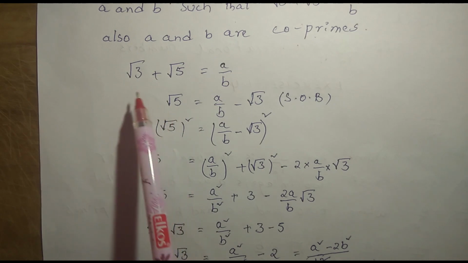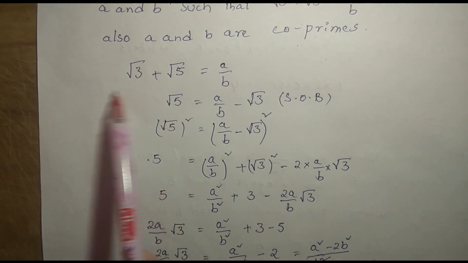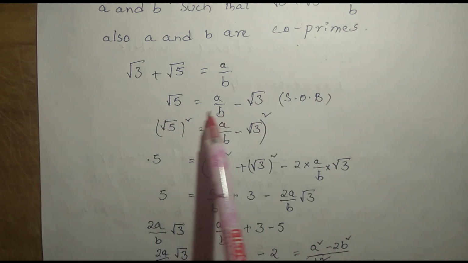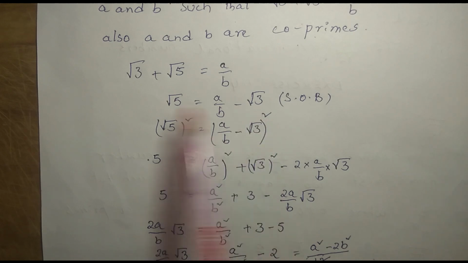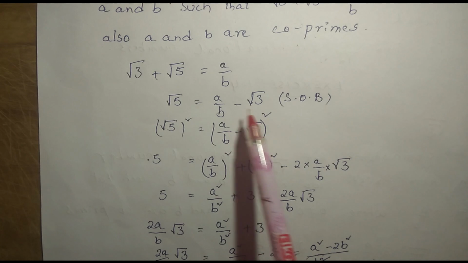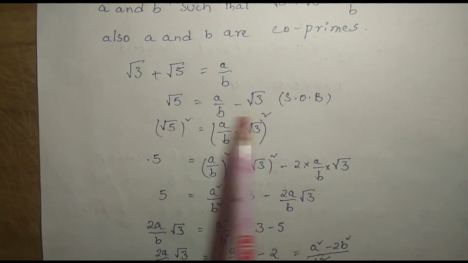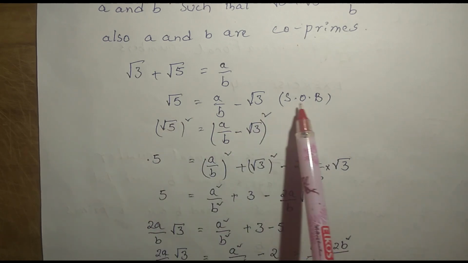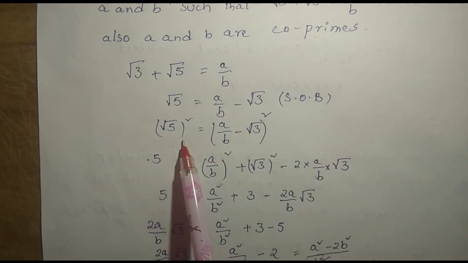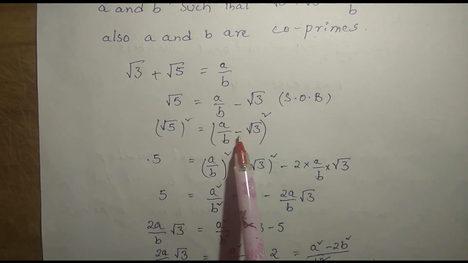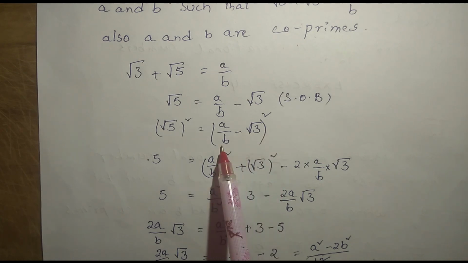Then we can transpose one irrational number to the other side. Then we can write root 5 equals a by b minus root 3, where root 3 is transposed to the right side and becomes minus root 3. Squaring on both sides, then root 5 whole square equals a by b minus root 3 whole square.